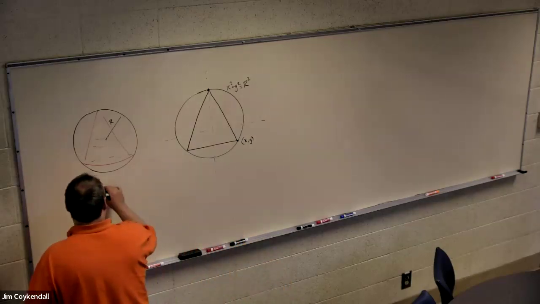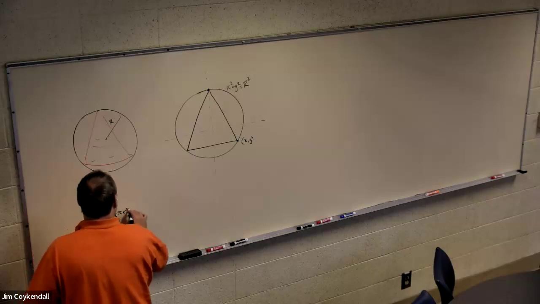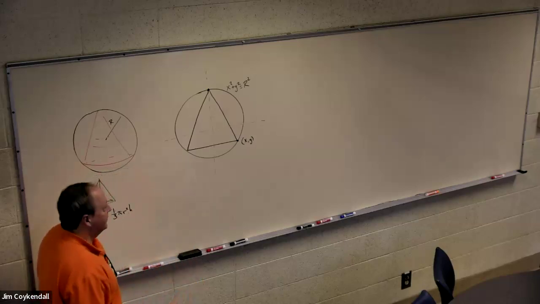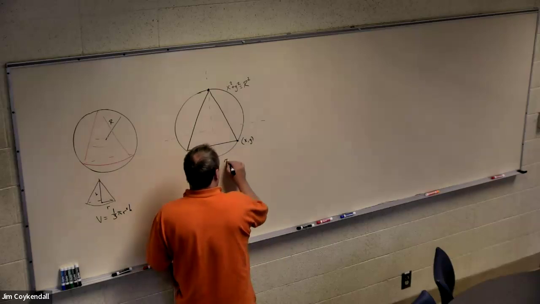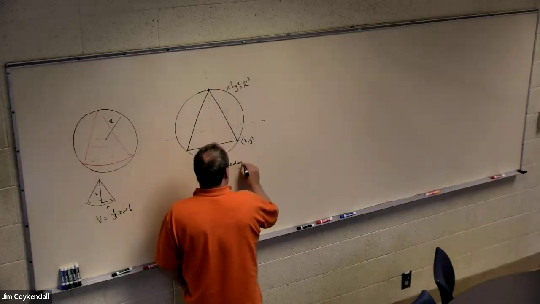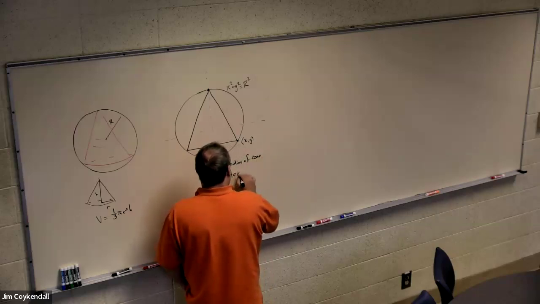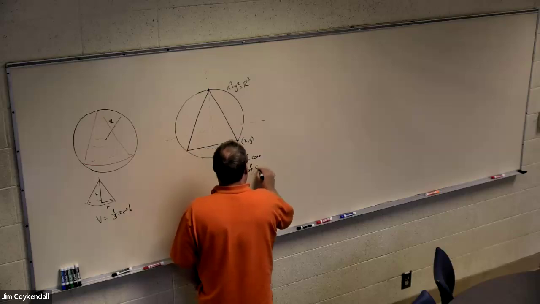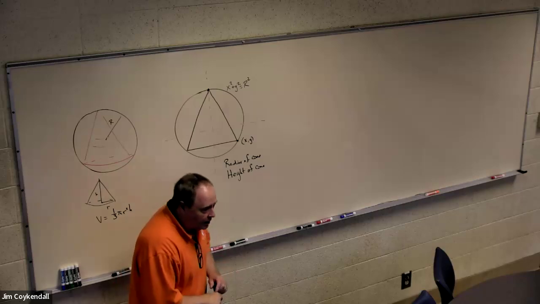So the volume of the cone, I gave this to you. If the radius is r and the height is h, volume is 1/3 pi r squared h. So when you use this formula, I need to know what the radius and height are.